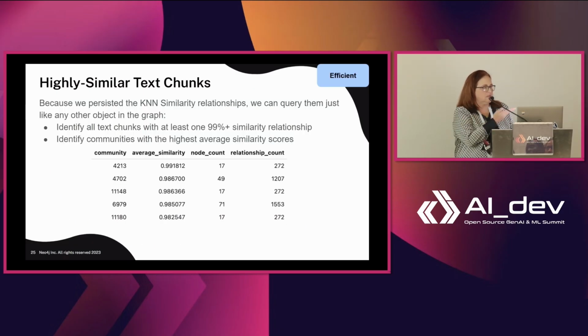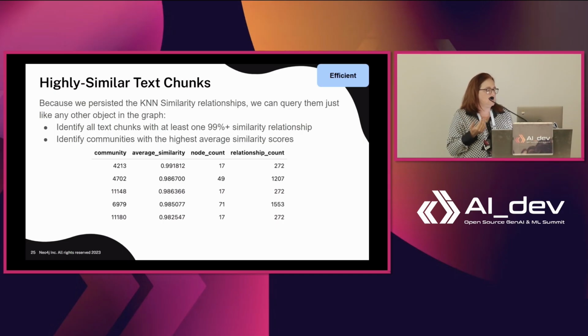The other thing, which Peter and I were just talking about, is your highly similar text chunks. So what happens when we look at the community? We made it a community because it was similar, so we're expecting to see some of this, but to what extent is the question.